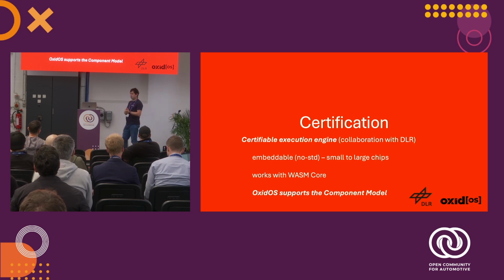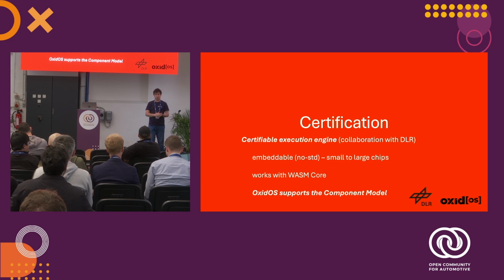So what we are trying to do, in an effort with DLR, which is Germany's NASA, is to build a certifiable execution engine that runs on really small chips, so it's stackless and runs with Rust, no_std, and can scale up to larger chips. DLR's goal is to work with WASM core.